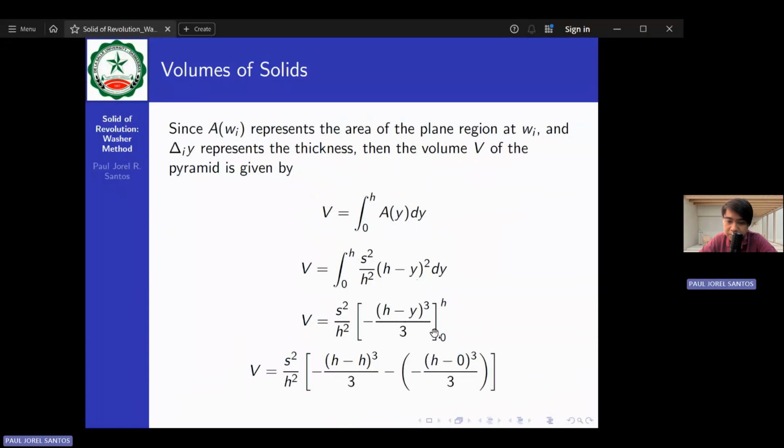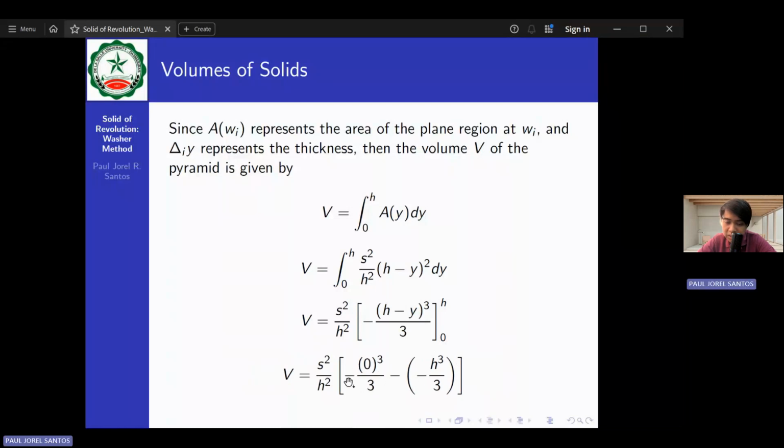we have here h minus y, where y was replaced by h. So we have h minus h. And in this portion, since y will be replaced by 0, we have h minus 0. Now, h minus h is simply 0, and h minus 0 is simply h.